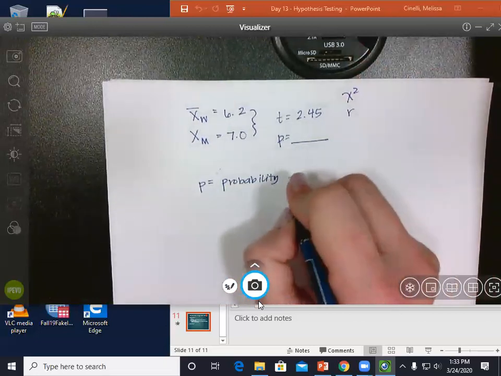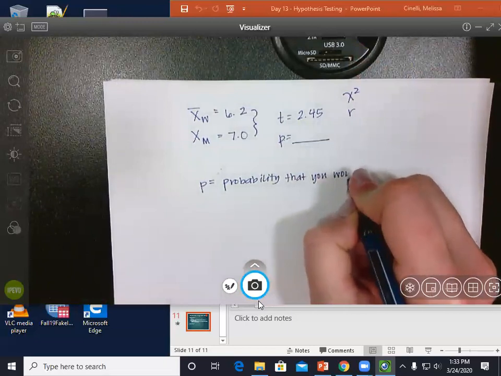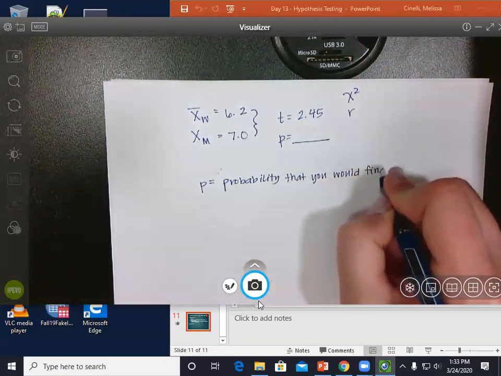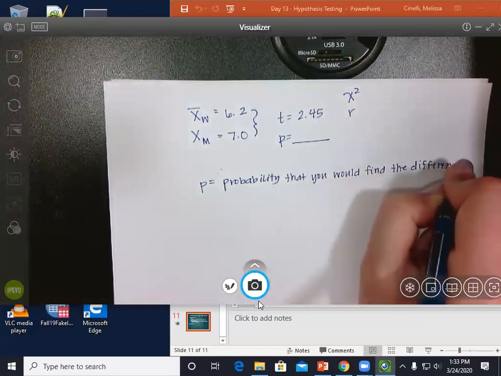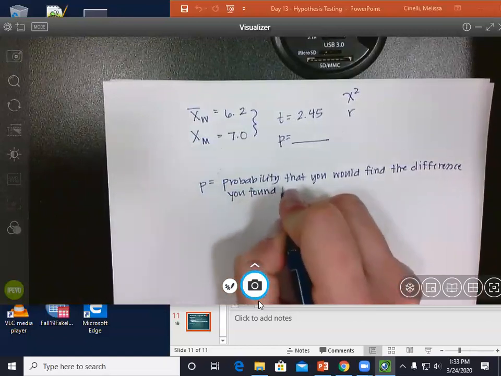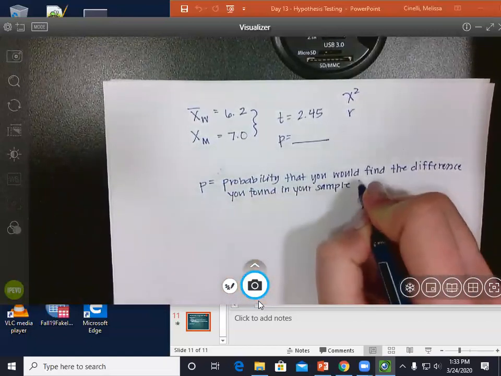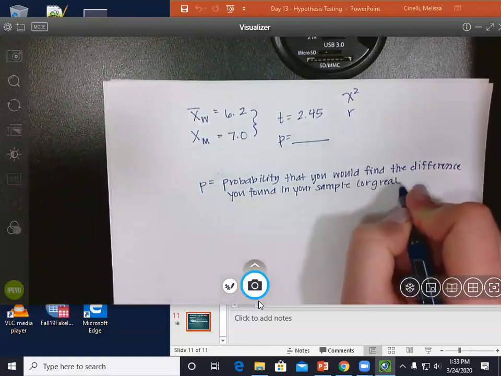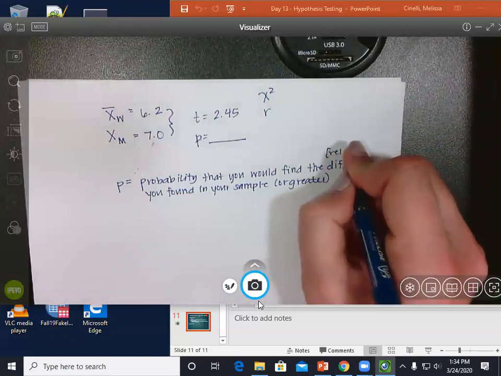P is the probability that you would find the difference you found in your sample or greater. All right, I say difference here because we're looking at this t-test. This could be a relationship.